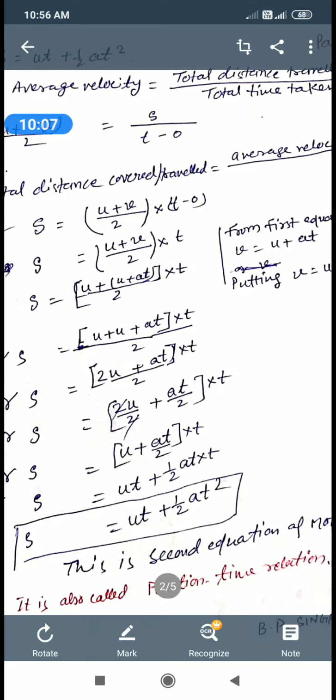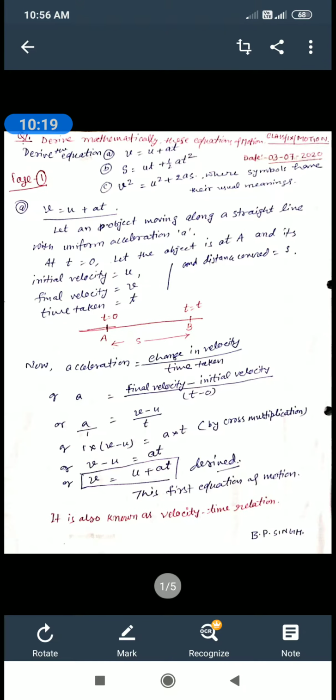We will discuss about this derivation graphically in our next class. Now we want to discuss about the circular motion.